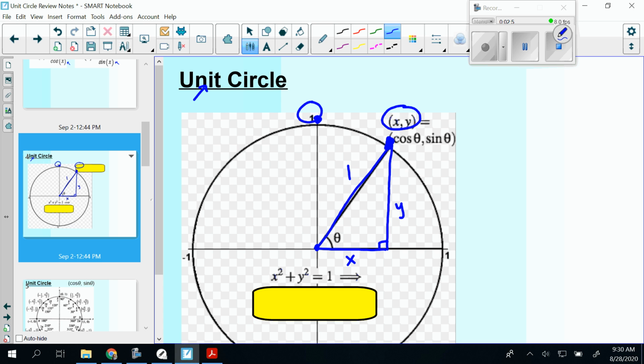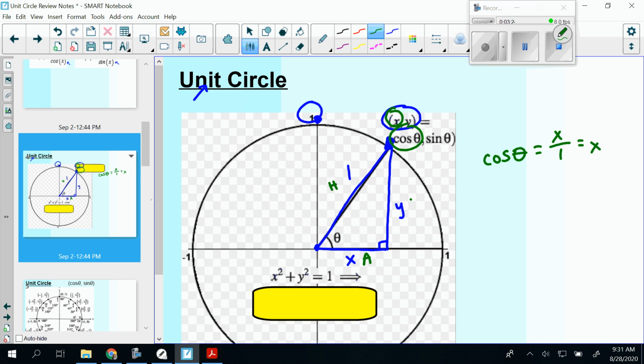One of the functions we have is cosine. Cosine uses adjacent side over hypotenuse. In this case, cosine of our angle would equal our adjacent side x over our hypotenuse of 1. We don't need to write something over 1, so that would just be x. So our x value is always the cosine of our angle when doing unit circle.